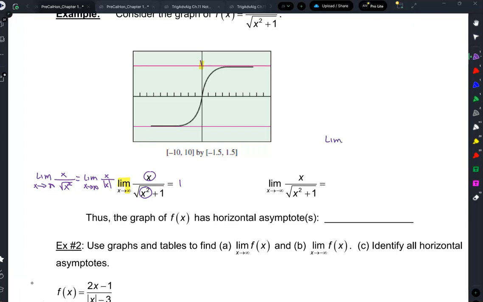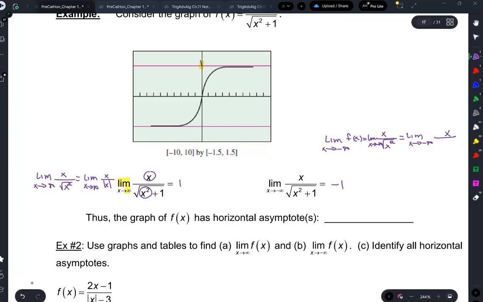The limit of f of x, now in the graph we see that this is equal to -1. But why algebraically is it -1? Because now this will still be x over the square root of x squared. Oh, this is the limit as x approaches negative infinity, x over absolute value of x.